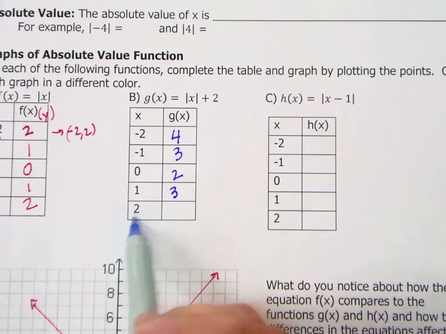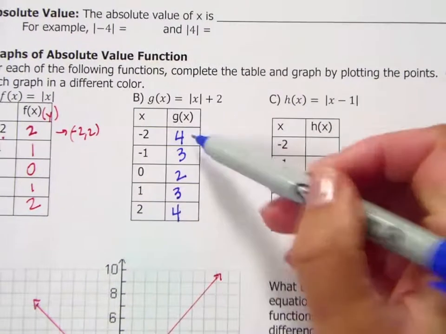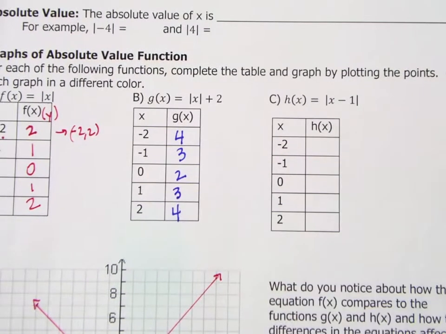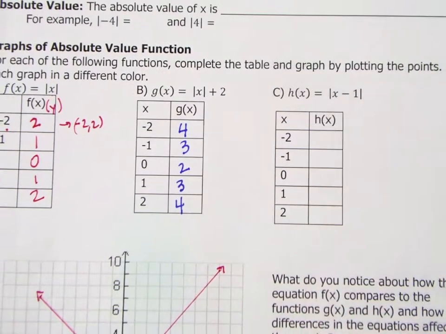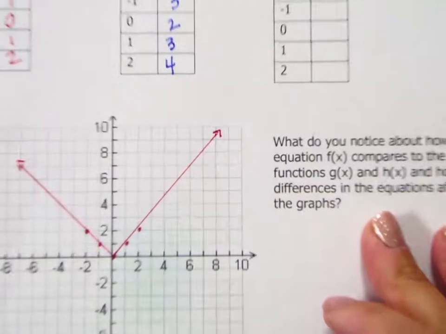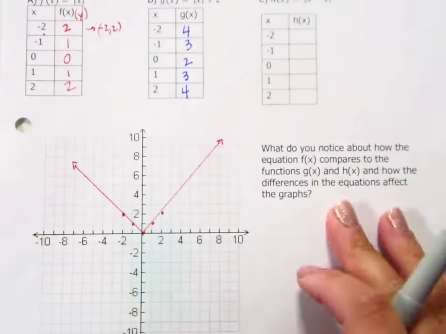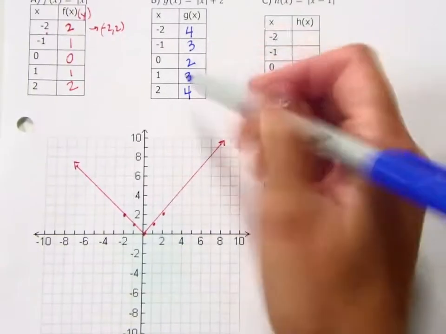Again, you might be noticing some things in those y values. We're going to do the same thing. We're going to take those points from our table. We are going to plot them on our grid, the same grid we already have used.